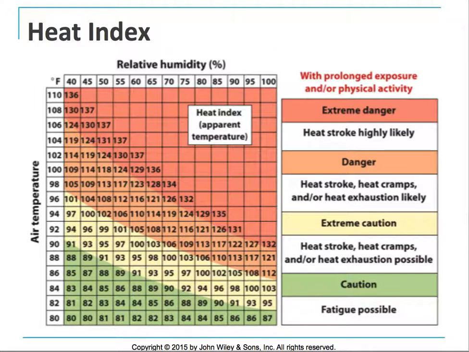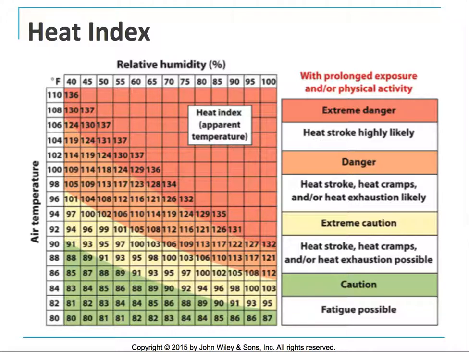So this table comes from your text. If you look at the environment in which you're exercising, look at the relative humidity across the top and the air temperature down the left-hand side.